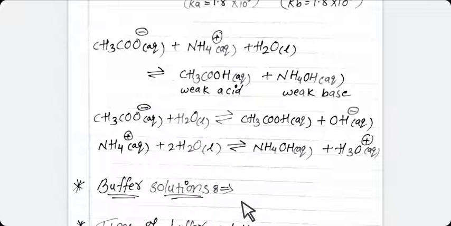It means that when you add a buffer solution to any substance and then add any acid or base, there is no change in the pH of the substance or solution.